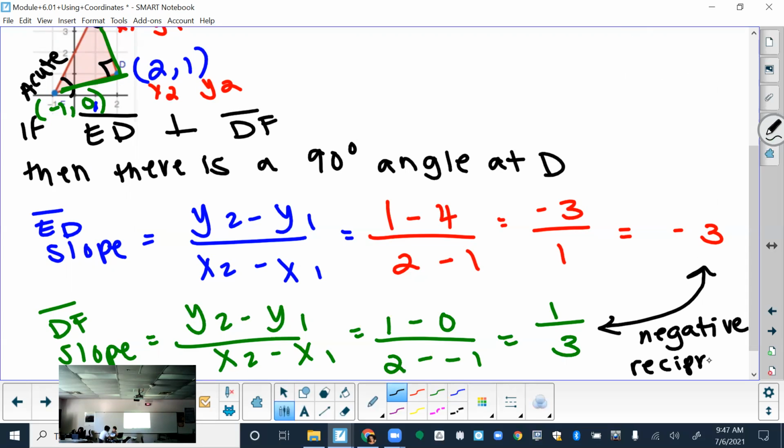I forget how to spell reciprocals, so sorry if I'm spelling it wrong. So does it in fact make a 90 degree angle there? Yes. Good, so that's how you prove that. That's how you know for sure. Questions?